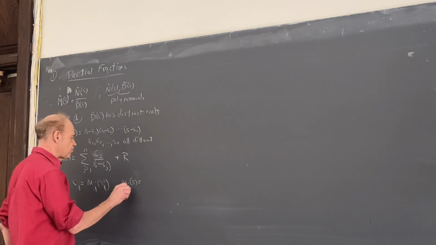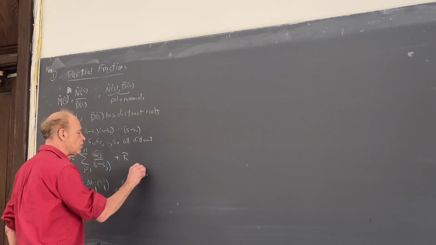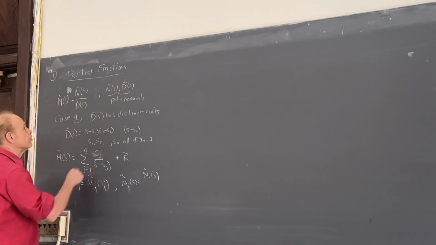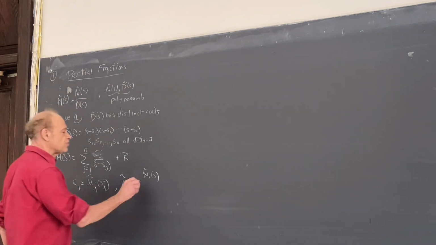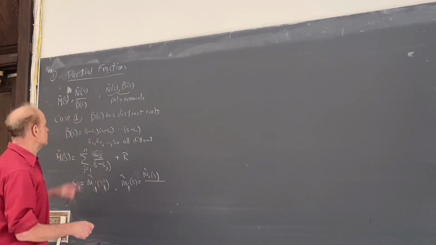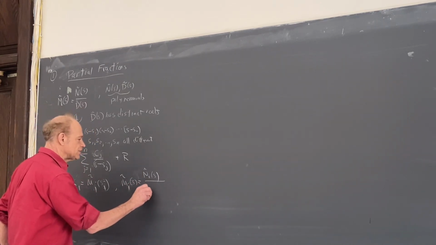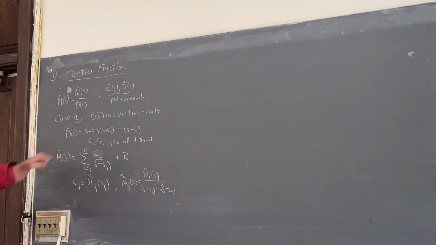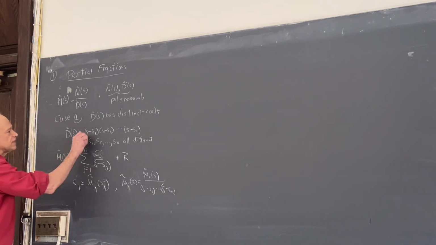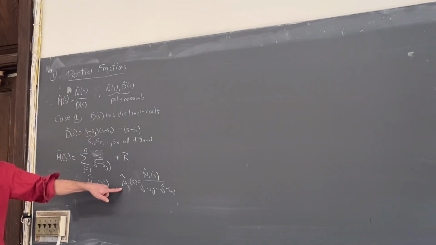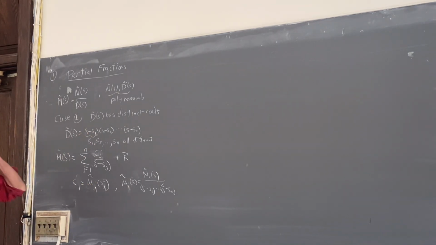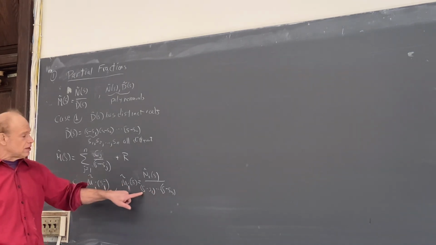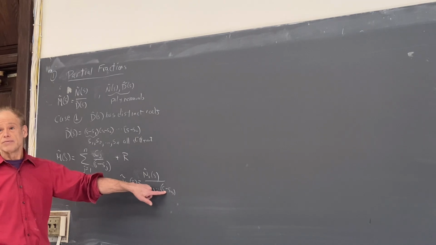Where m1 of s is equal to n tilde of s divided by all the products s minus s2, dot dot dot, s minus sn, where I leave out this factor. That's m1. And therefore, when I evaluate this at s1, since all the sj's are different, there are no zeros in the denominator.